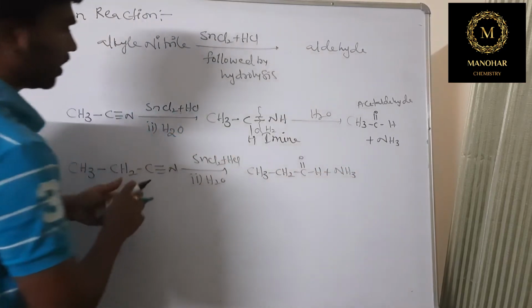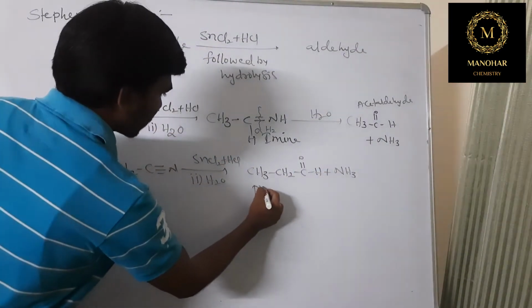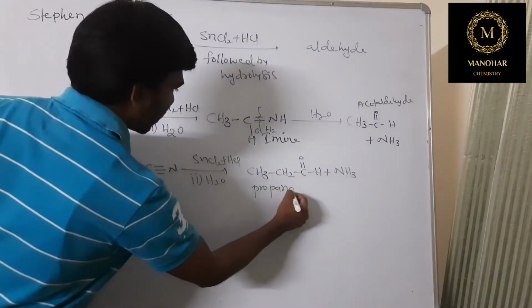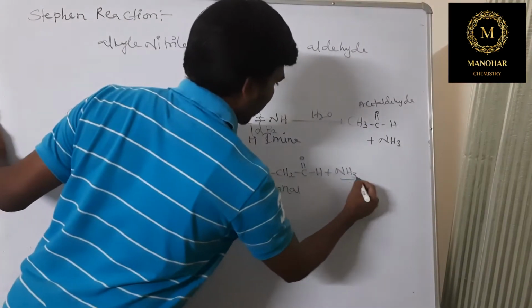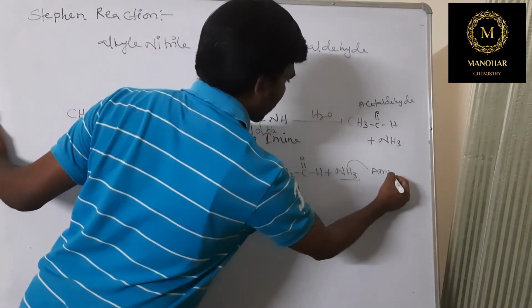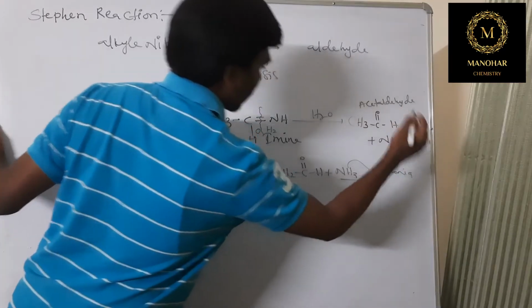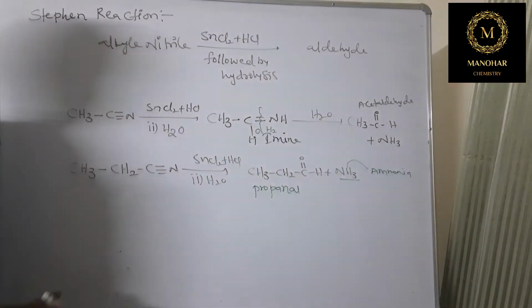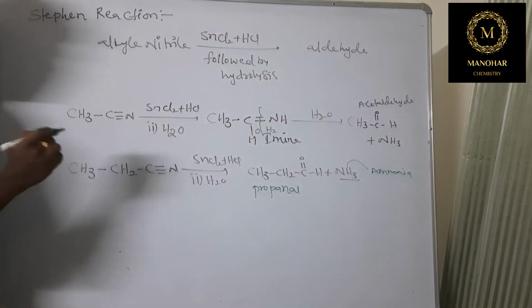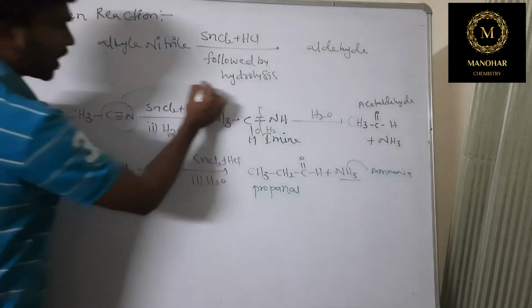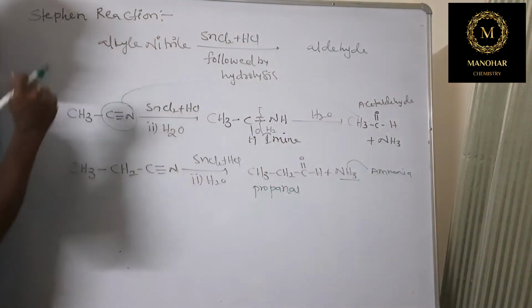So the name of this one is propanal, and ammonia. So this type of products will be formed by the Stephen reaction. Simply, here nitriles will be converted to carbonyl compounds in the Stephen reaction.